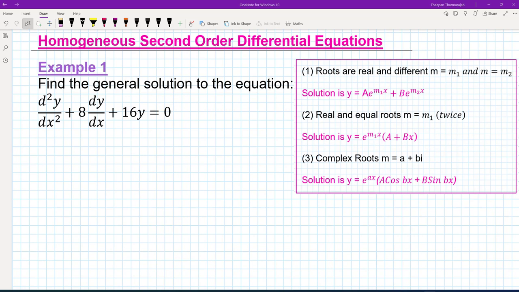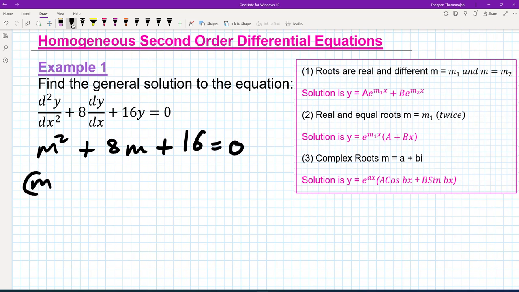Okay, the next case. The second case is when the roots are real but they're equal. So let's have an example of that. We've got m squared plus 8m plus 16 equals 0. So we get (m plus 4)(m plus 4) equals 0.